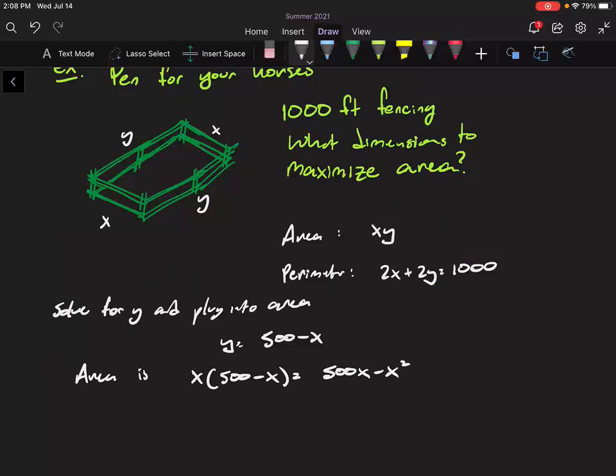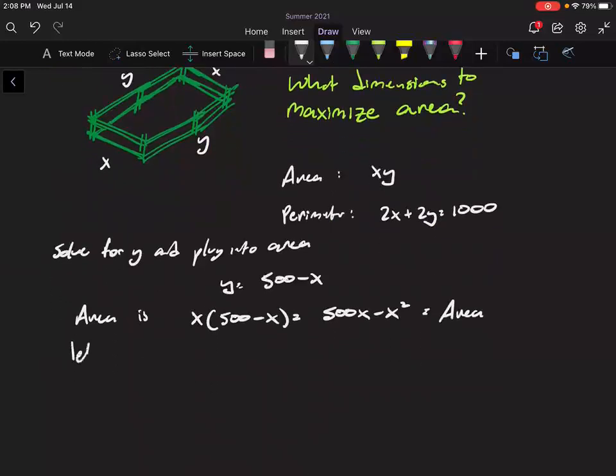Now what we want to do is optimize this. So we want to figure out when this is maximized, because this is our area, and it's maximized at our vertex. So let's find the vertex. We can rewrite this as negative x squared plus 500x, and we'll factor out a -1. So we get x squared minus 500x.